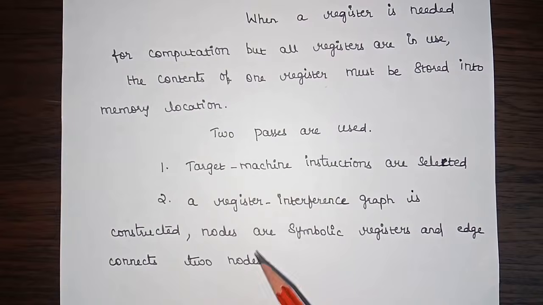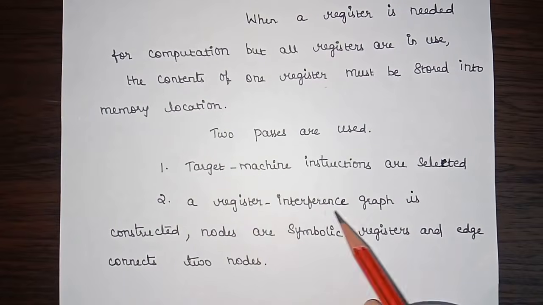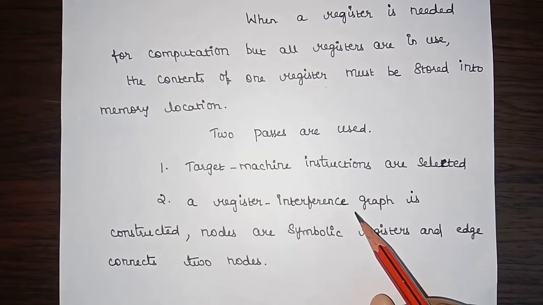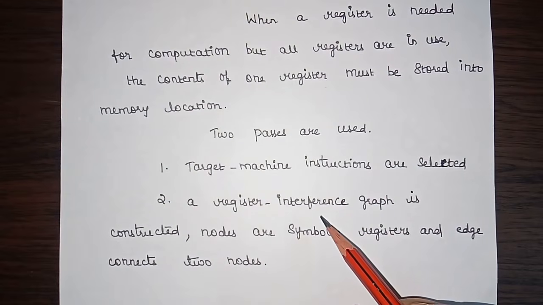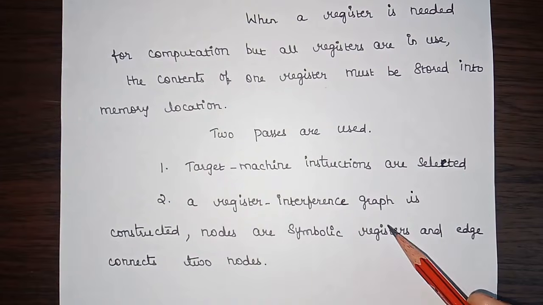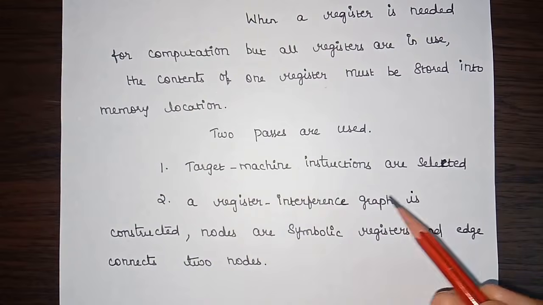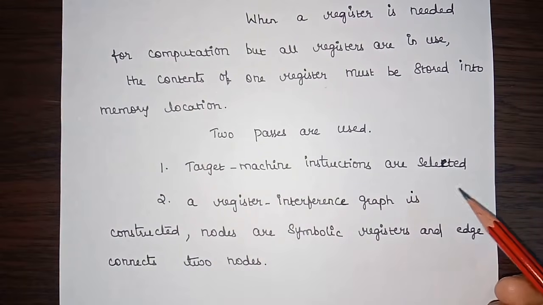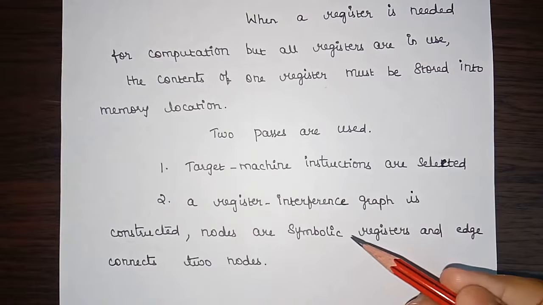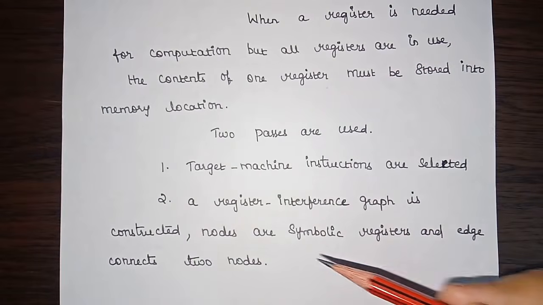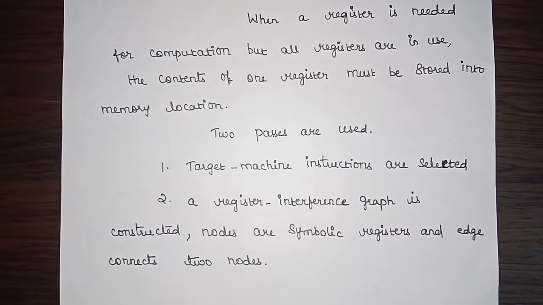In the second pass, we have a register interference graph. This graph is constructed, and it contains nodes as well as edges. Nodes correspond to symbolic registers, and an edge connects 2 nodes if one is live at a point where the other is defined.